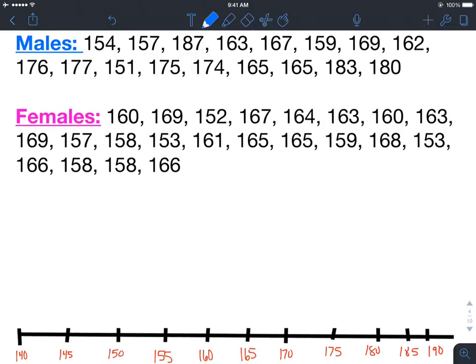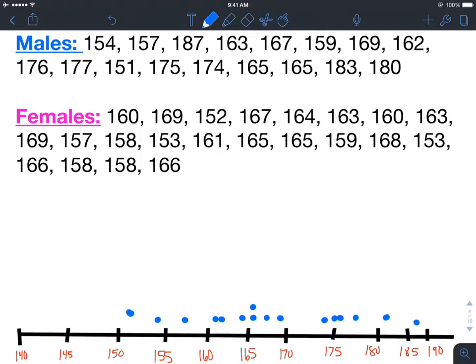So if you take a look at the first value, 154, I plop a dot down there. 157, 187, now I got two 165s, so I'm going to put another dot above it.